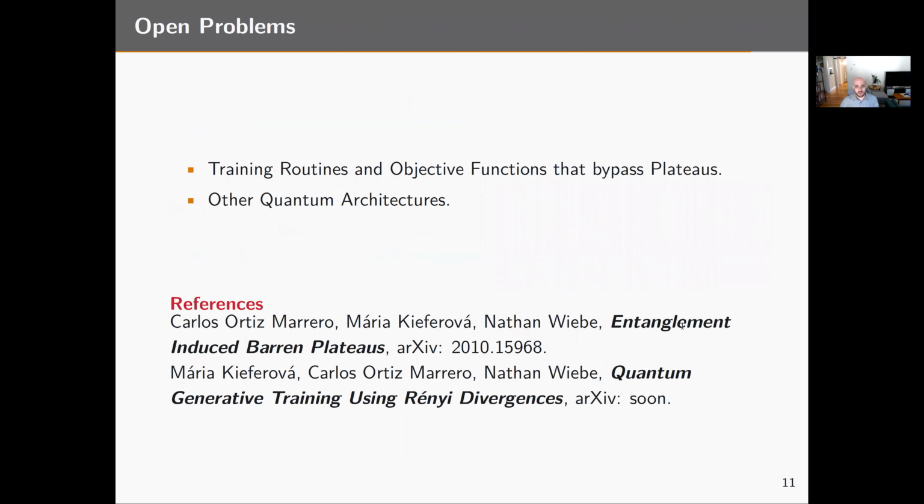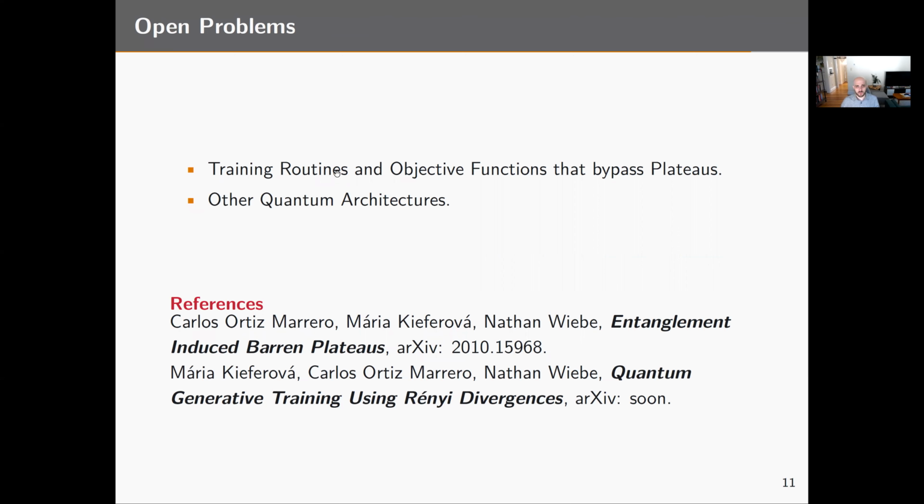So with that, let me just talk about some follow-up work and some open problems that I think are interesting. One of the problems that I think is interesting is that there are all these Barren Plateau phenomena, and we just added a new result to that ensemble of papers. A more interesting question now is, what can we do about this?